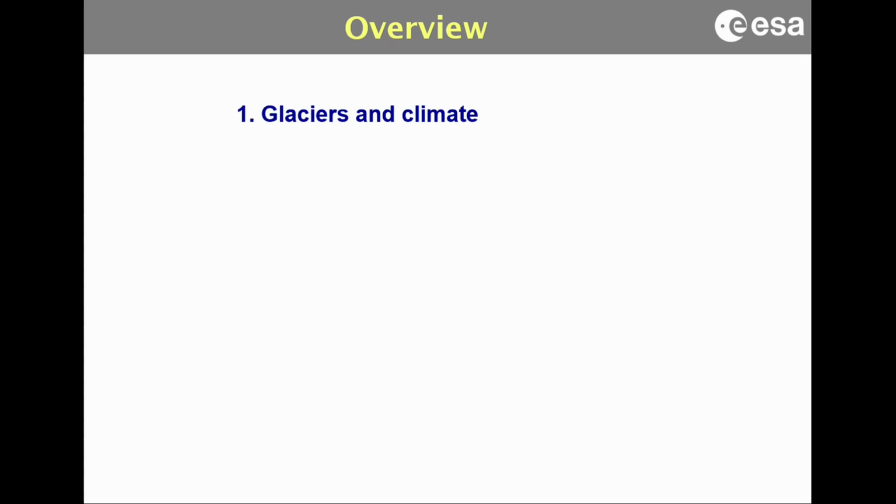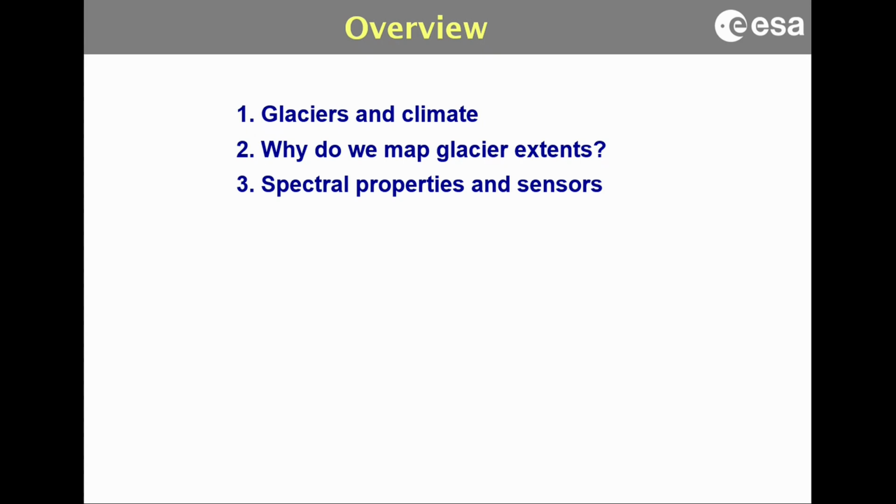To give you an overview, I will start with some words on glaciers and climate, to give the background on why we map glacier extents, so why this is important. Then you have heard yesterday already quite a lot about the spectral properties of glaciers, snow and ice, and the satellite sensors we use to get them, then glacier mapping itself, so the algorithm, and then the result of it, so the product, glacier inventories.